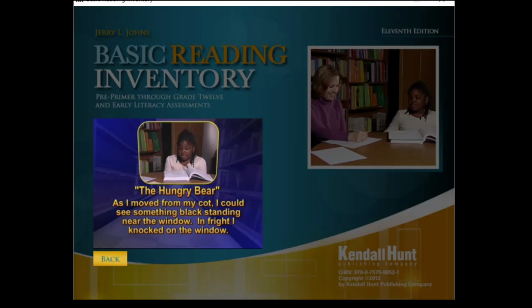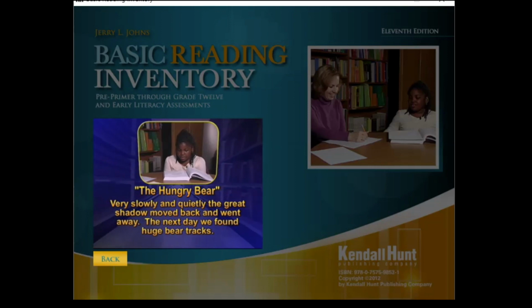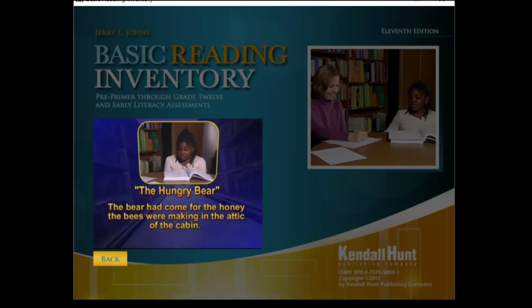In fright, I knocked on the window very slowly and quietly. The great shadow moved back and went away. The next day, we found huge bear tracks. The bear had come for honey the bees were making in the attic of the cabin.